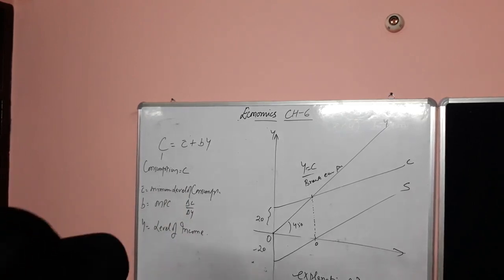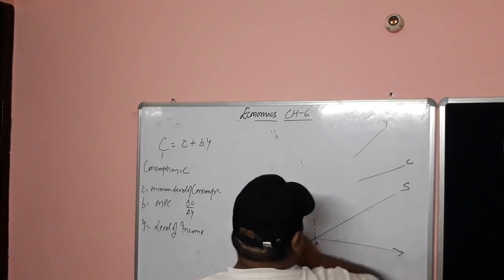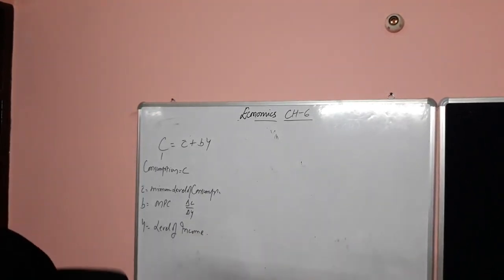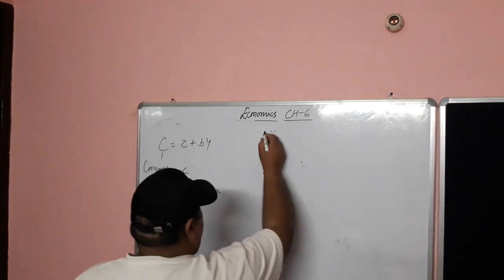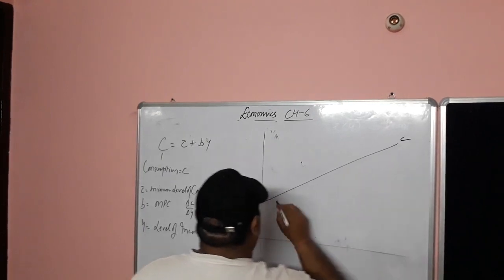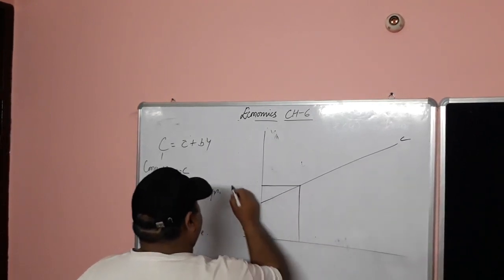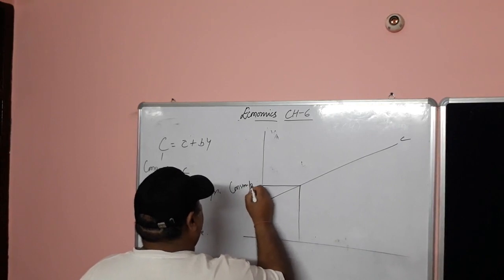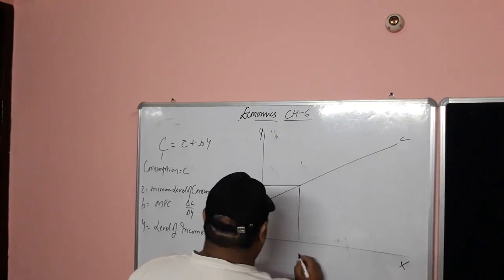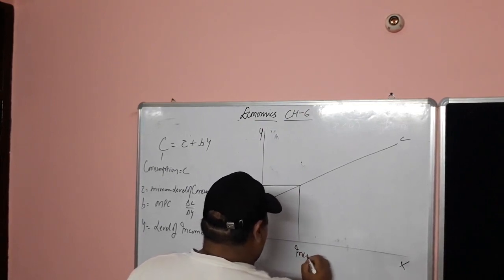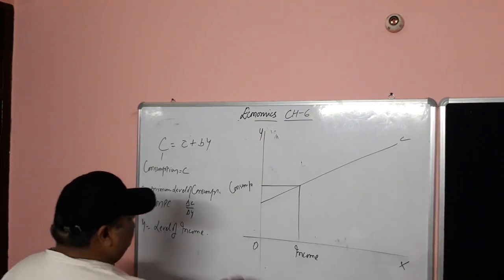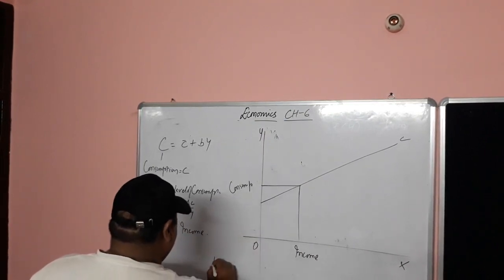First we define what the MPC is and how we find it out. We find MPC from the consumption curve, and here we take consumption on the OY axis and the income of the person on the OX axis. What is the meaning of APC?